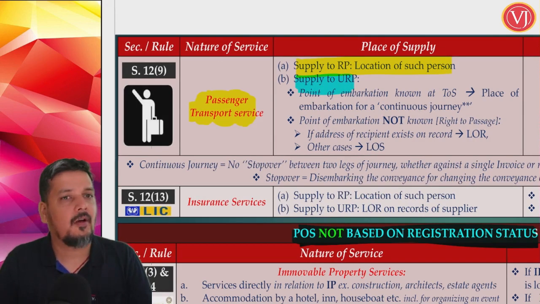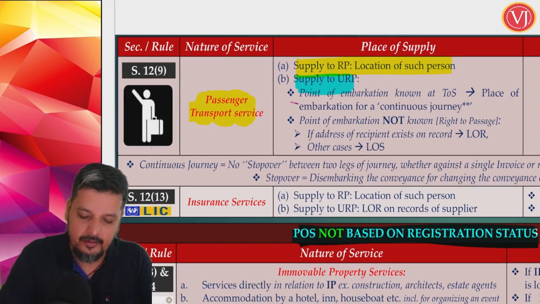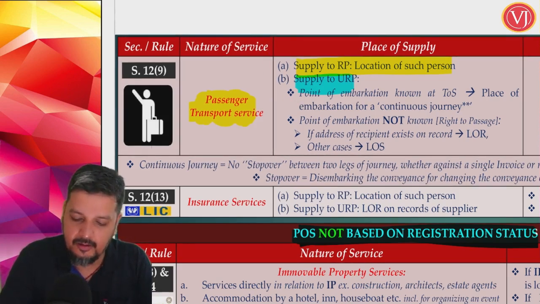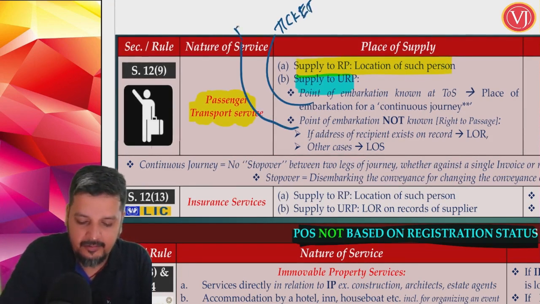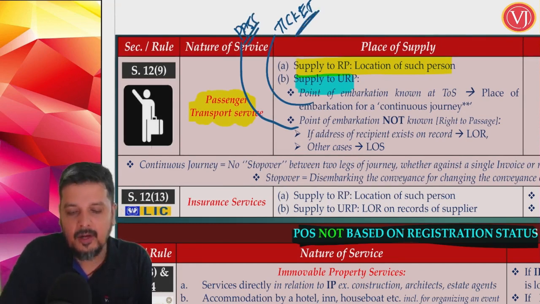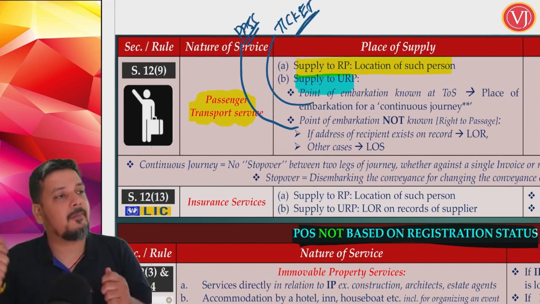One is your normal ticket, and one is your pass.